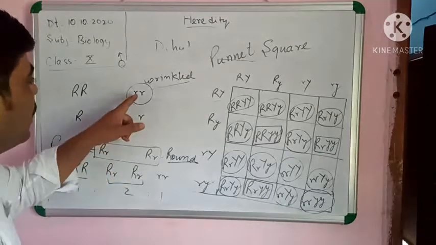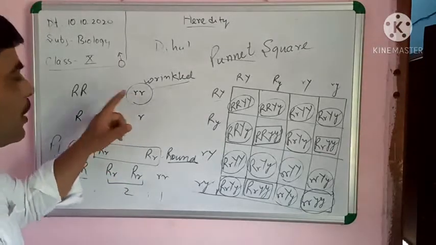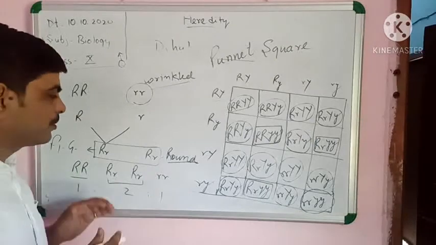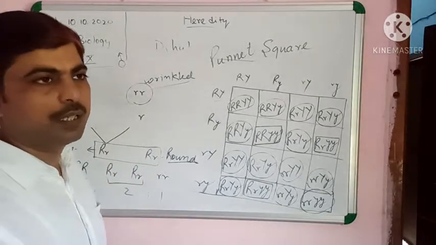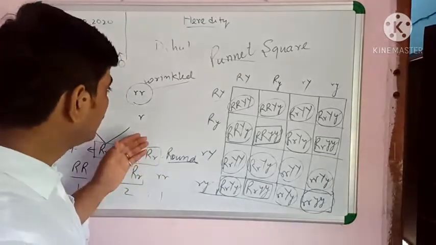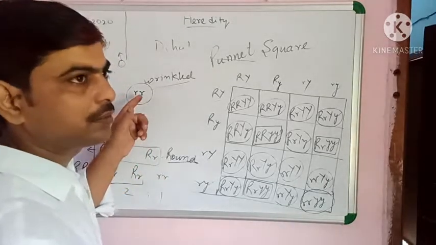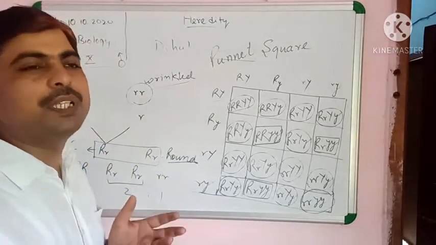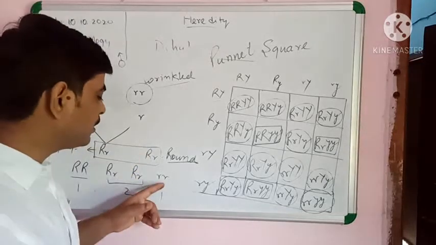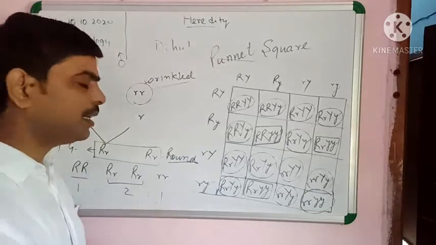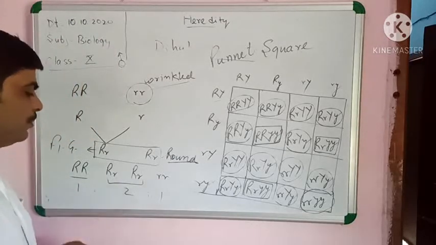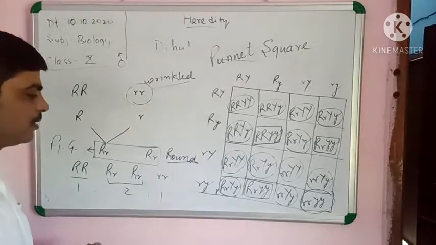It means this wrinkled character has been suppressed here and it did not appear in the F1 generation. But it does not mean that this character has disappeared. It again reappeared independently in the F2 generation.